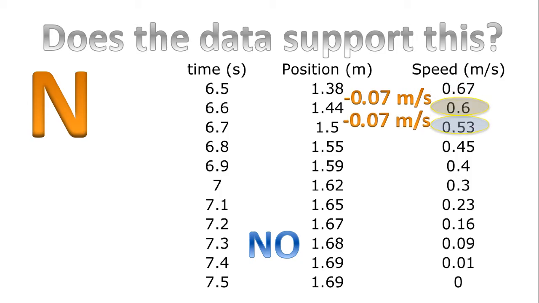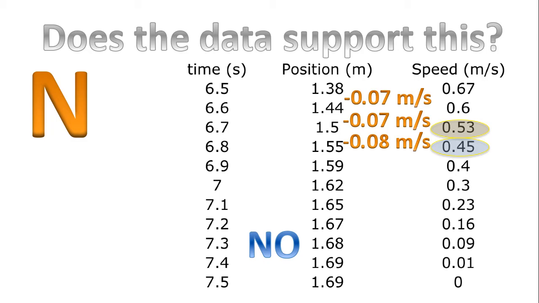And once again, during the next time interval, from 6.6 to 6.7 seconds, the speed of the train again drops by 0.07 meters per second. So far, so good. It looks like it's constant acceleration.